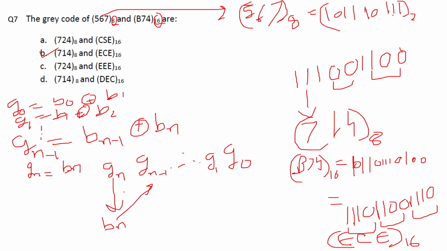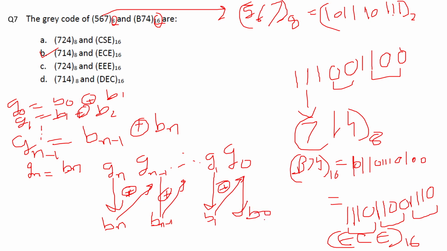Then we will XOR with this, that thing will come here, and that thing will be XORed with this, and so on. This is B1, that thing will be XORed with this, and finally we have B0. B1 XOR with G0 will give us B0, and so on.